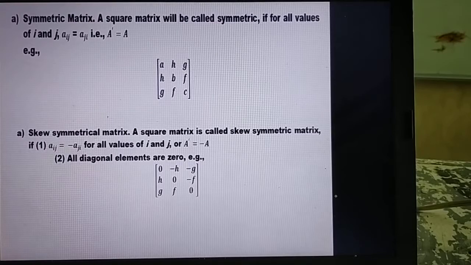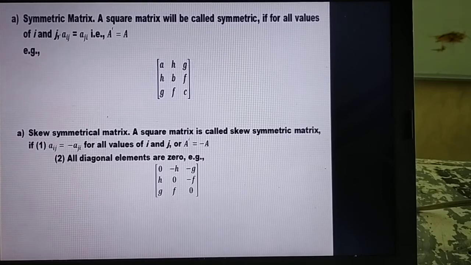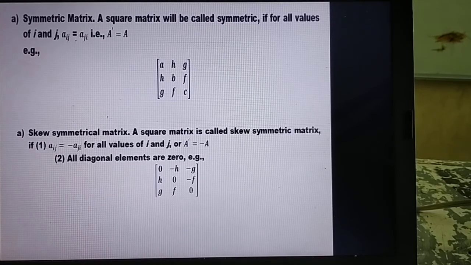So some kinds of matrices are the symmetric matrix and the skew symmetric matrix. In a symmetric matrix, a square matrix will be called symmetric if for all values of i and j, Aij is equal to Aji. So that's the reciprocal.